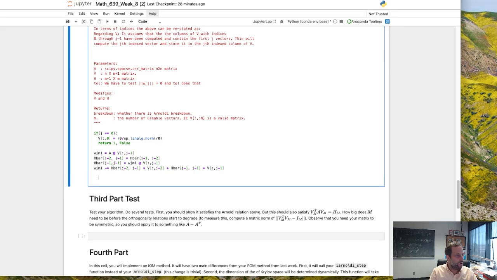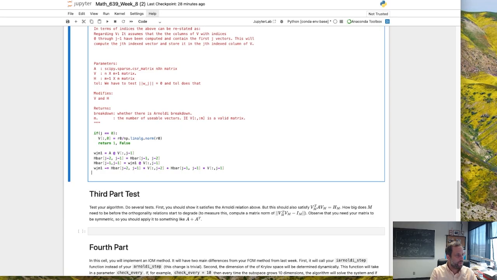And now h bar j minus 1 is going to be the norm of wj minus 1. So this is going to be equal to np.linalg.norm of wj minus 1. And then in the next iteration, this is going to be called right here.